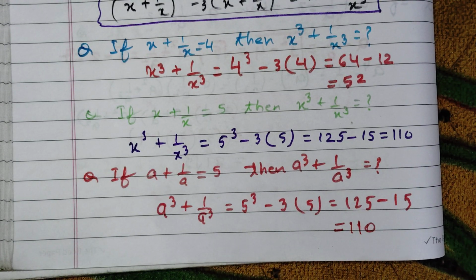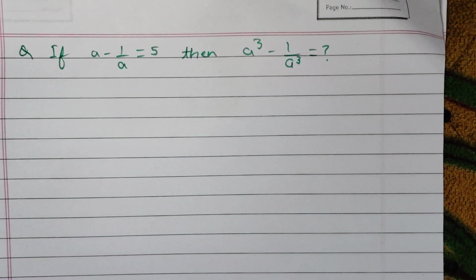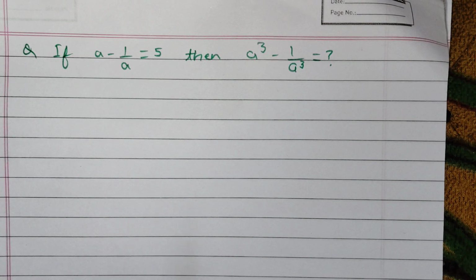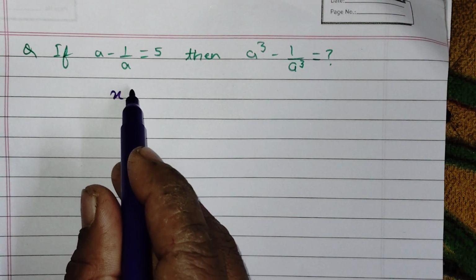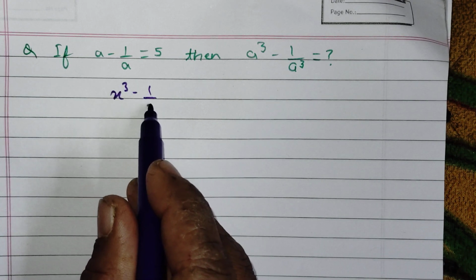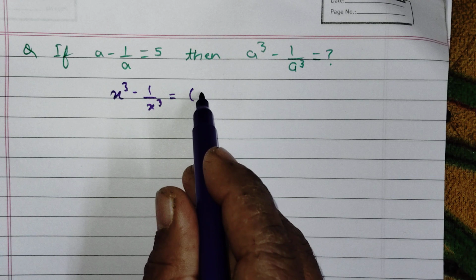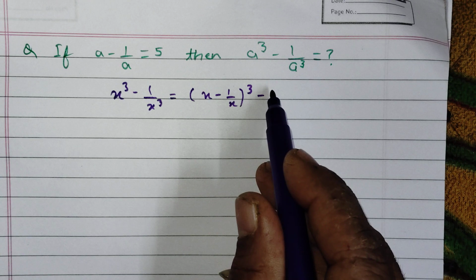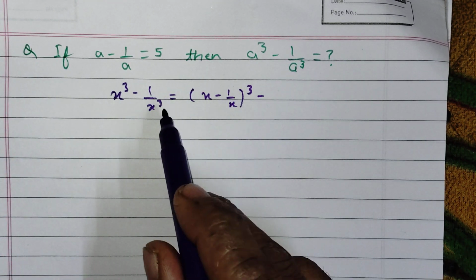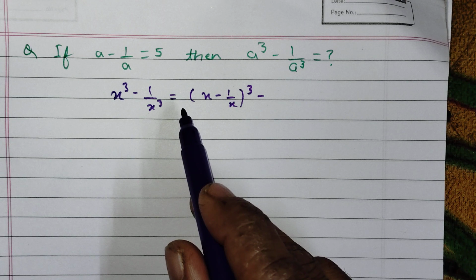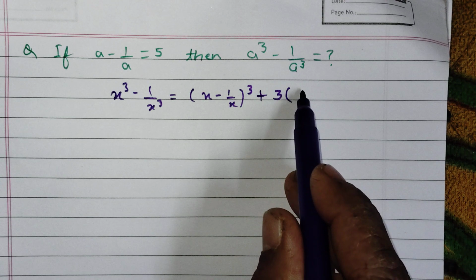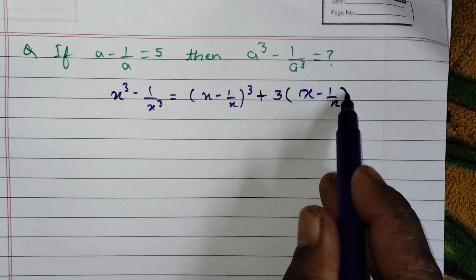Similar to this question, the next question is, if a minus 1 upon a equal to 5, find a cube minus 1 upon a cube. So we write the identity x cube minus 1 upon x cube. Its identity is x minus 1 upon x whole cube, and if there is a minus, then we write a plus sign, so plus 3 times x minus 1 upon x. This is the identity.